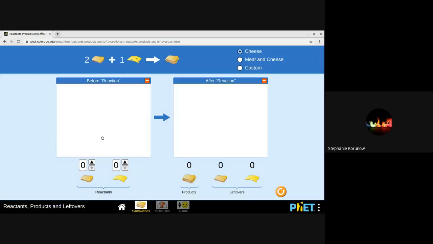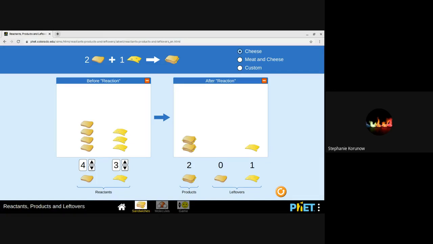So if we start with our little sandwich example, we can see here we're trying to make a cheese sandwich, okay? So we have 2 slices of bread and 1 slice of cheese. So let's say in my pantry right now, I have 4 slices of bread and 3 slices of cheese. Now, I can make 2 sandwiches with that, but still have 1 piece of cheese left over.